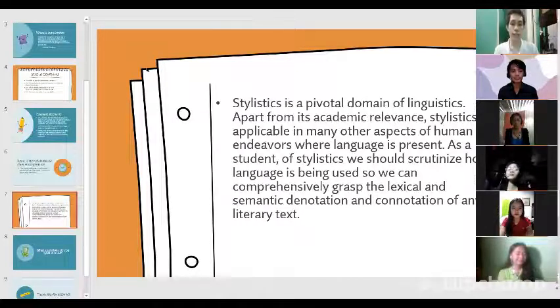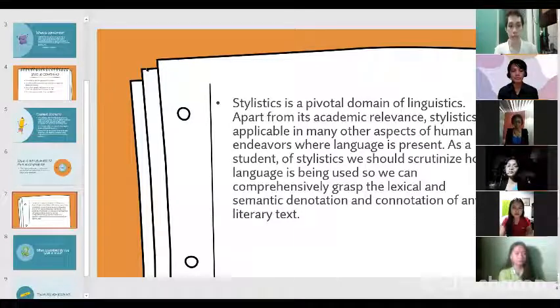As students of stylistics, we should scrutinize how language is being used so we can comprehensively grasp the lexical and semantic denotation and connotation of any literary text. Stylistics is instrumental in generating sensitivity in students by analyzing features of a text. It is available to a writer concerned with choices and reasons why a particular form and expression is used. It is clear that the study of style is the preoccupation of stylistics.